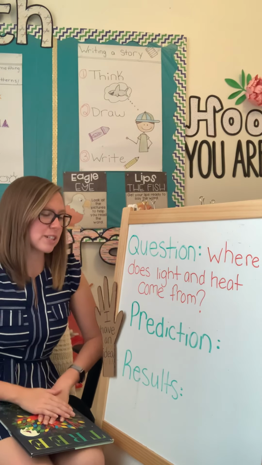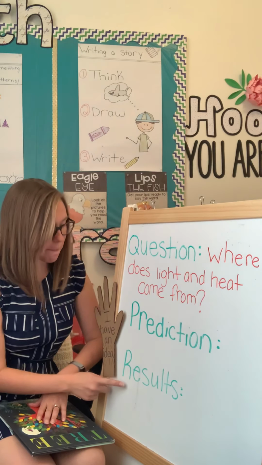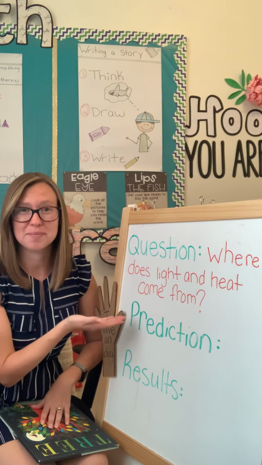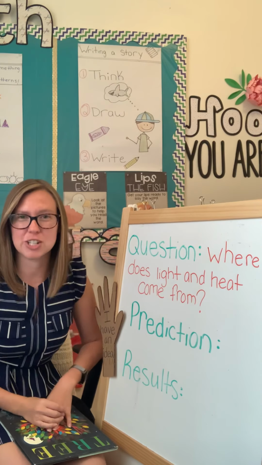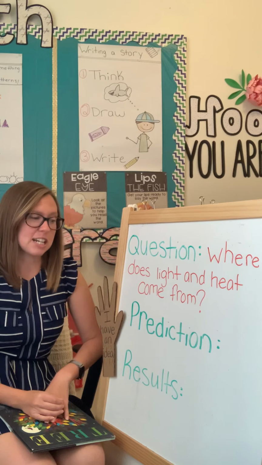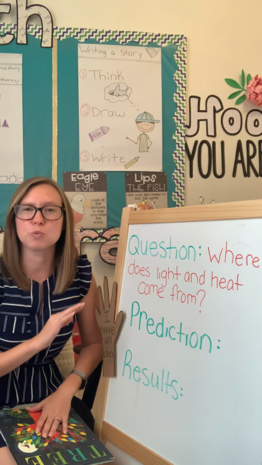Once we've done our research, we're going to have our results. That means, well, what is the actual answer to our question? Now, this is our first time really making a prediction together. But what's neat about science and predictions is that your prediction doesn't have to be right.